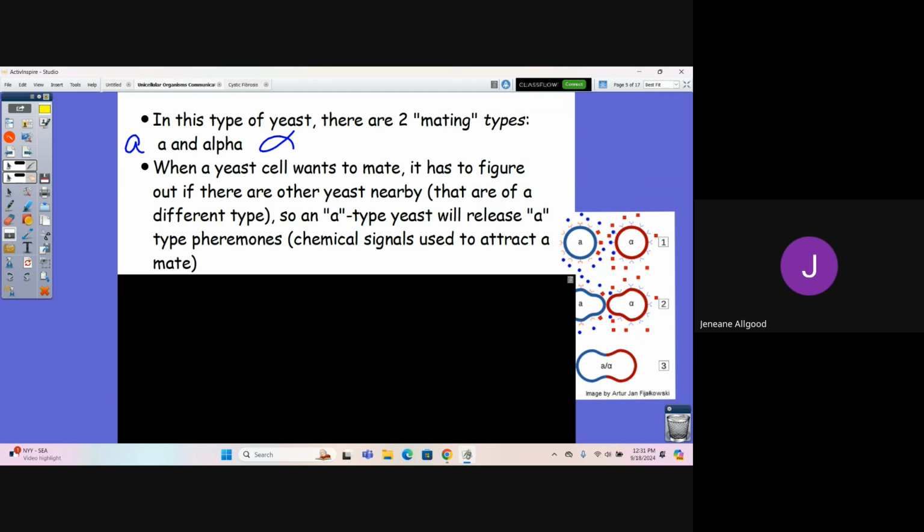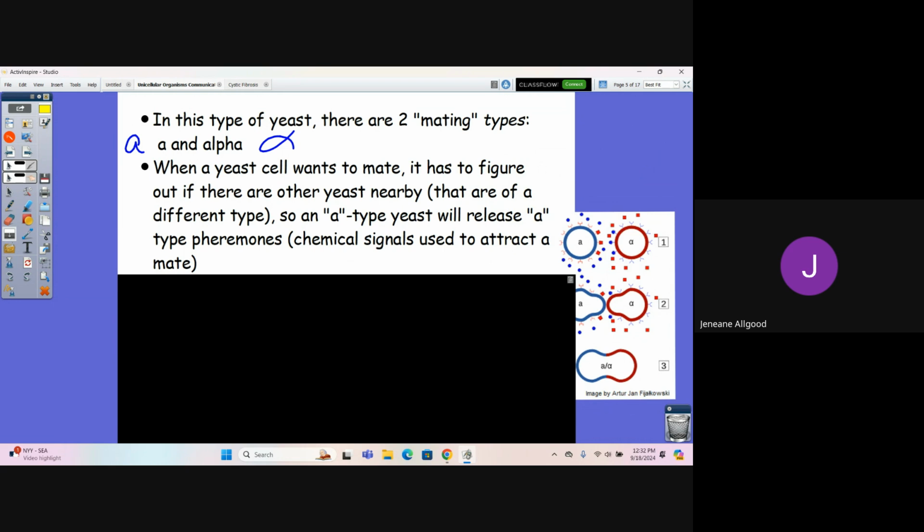So when a yeast cell wants to mate, it has to figure out if there are other yeast cells nearby that are of a different mating type. So an A-type yeast will release A-type pheromones. Pheromones are chemical signals used to attract a mate. Okay, so there we have A cells, there we have alpha cells.